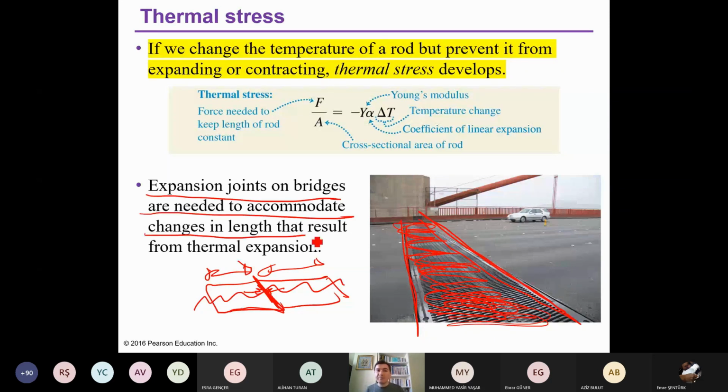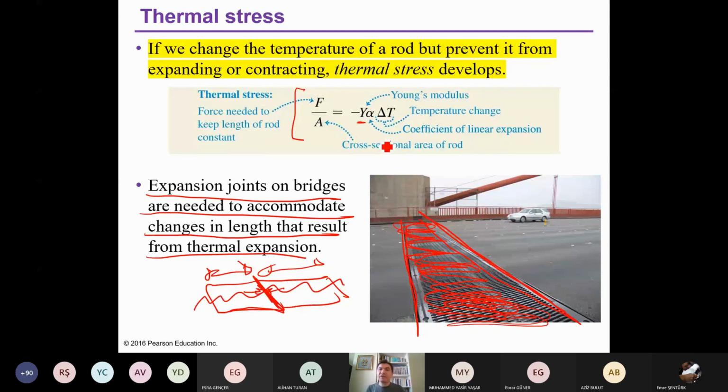And what about this thermal stress applied on the neighboring part of the road due to the temperature change, which is given with this one? This is the thermal stress, the force needed to keep the length of the road constant, and this is the cross-sectional area of the road. This is the Young's modulus, which we have discussed in previous lectures.